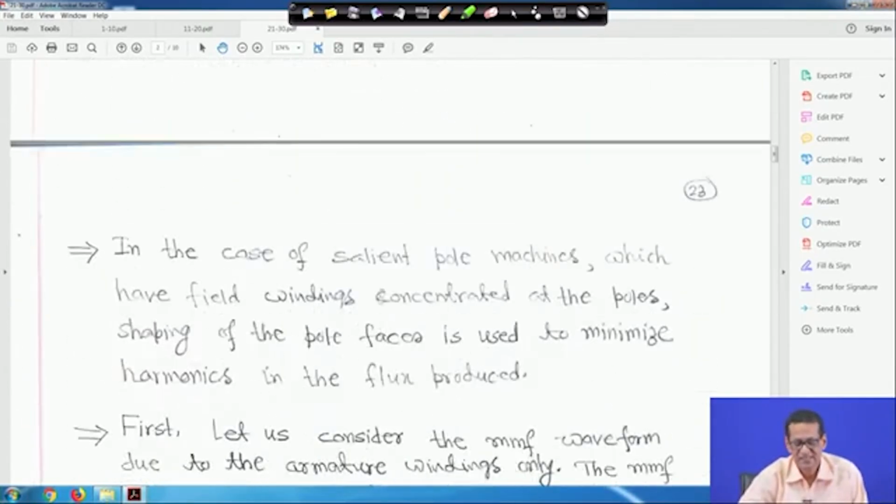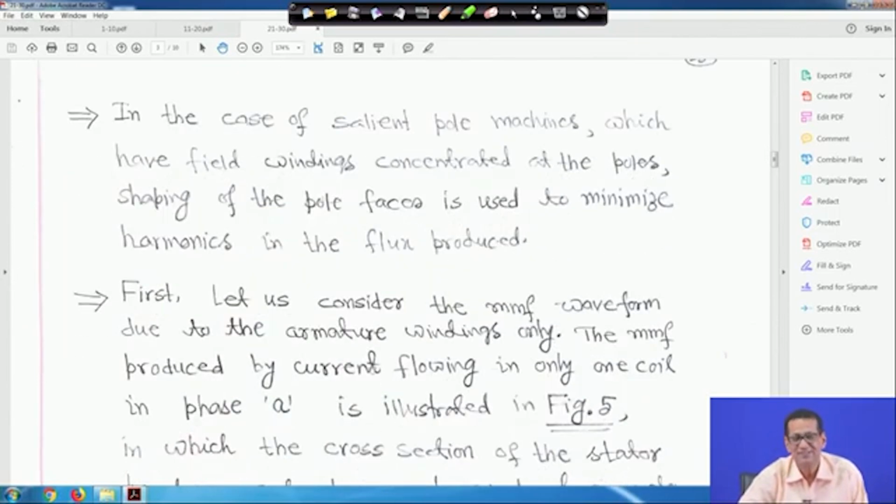In the case of a salient pole machine, which has field windings concentrated at the poles, shaping of the pole faces is used to minimize harmonics in the flux produced, but in this course we will not study the harmonics, right. I assume that you have studied all these things. Our objective is dynamics and control, which will come later.